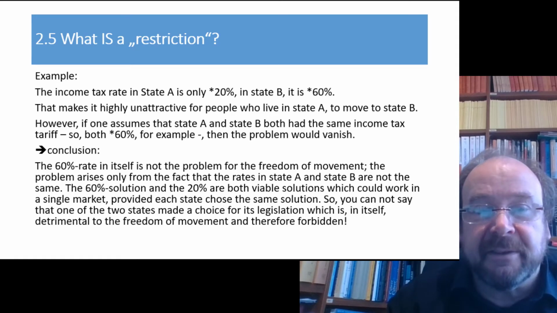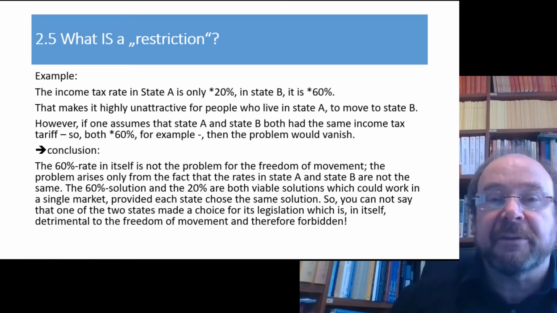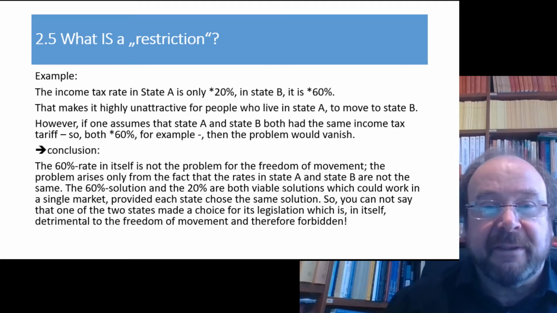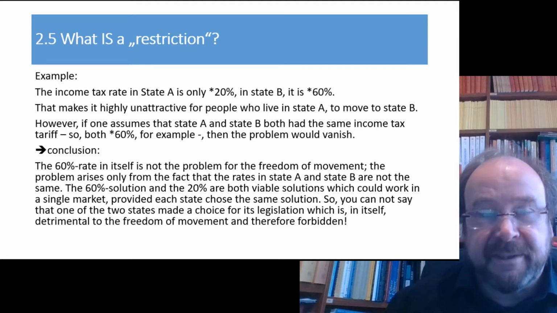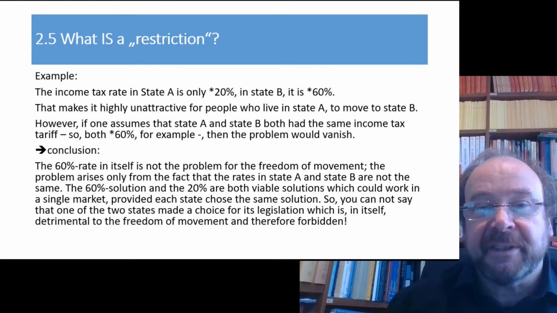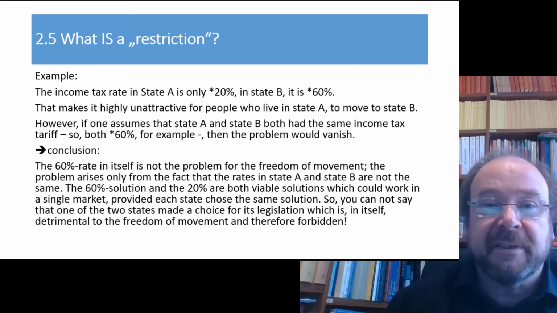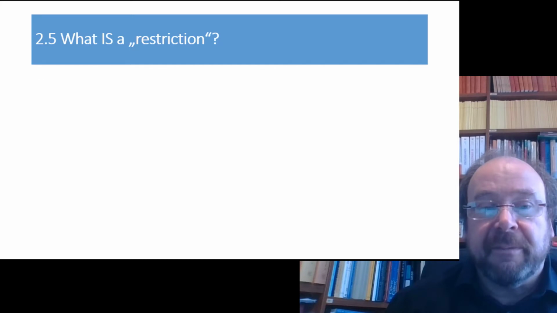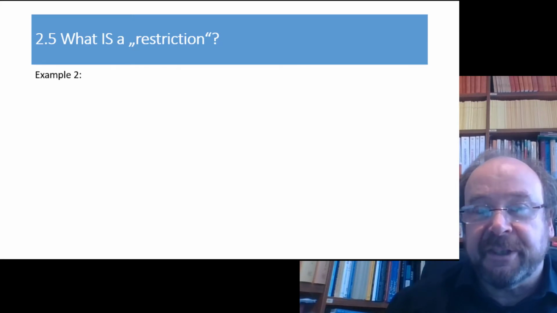You cannot get rid of that without a central decision, for example, without a directive which says everyone has to have the following tax tariff for income tax. But such a directive doesn't exist, and as long as it doesn't exist, you can't demand of any of the member states to back down on their own solution. So then it's not a restriction.